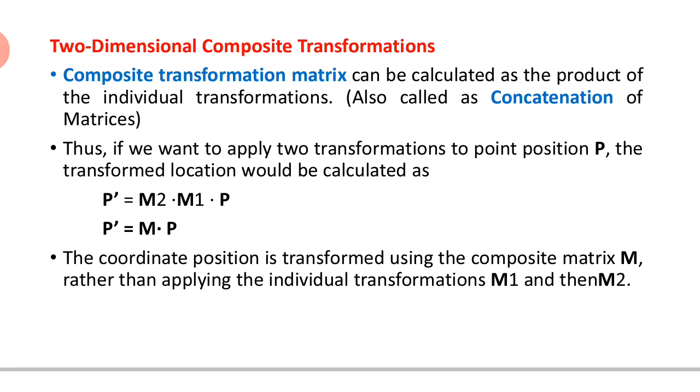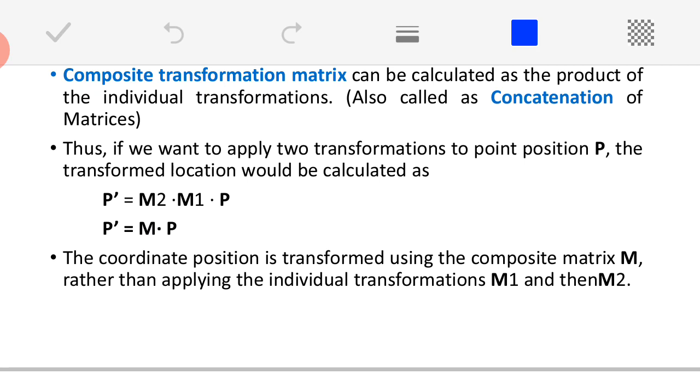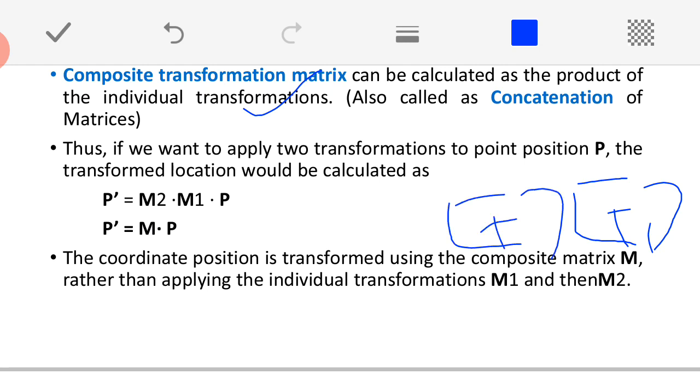At that time we can call it the composite transformation. The composite transformation matrix can be calculated as the product of the individual transformations. For example, if I want to perform translation followed by translation, then this is my translation matrix T1 and this is my translation matrix T2.